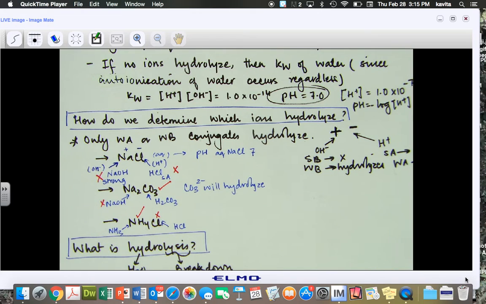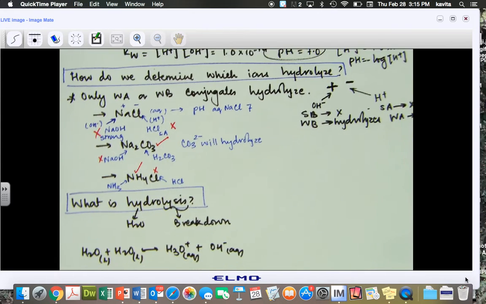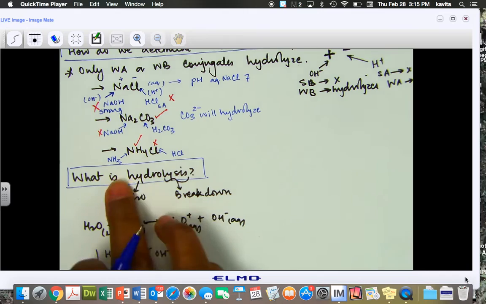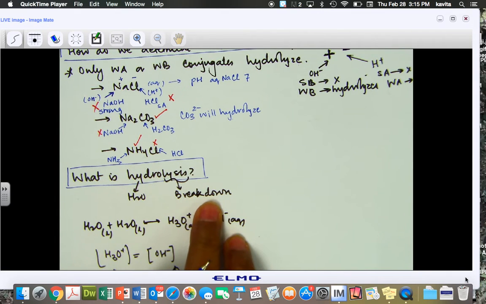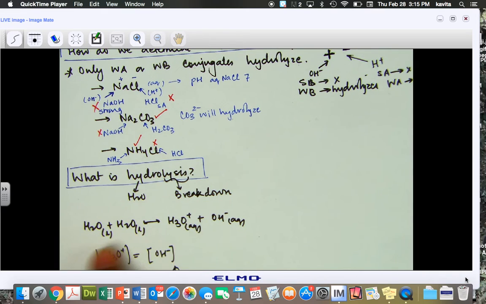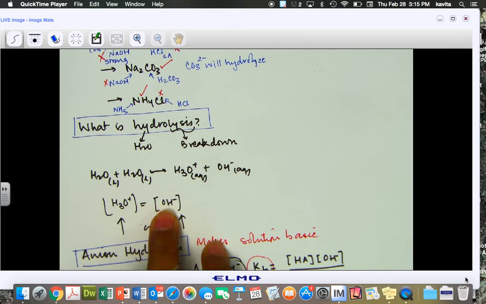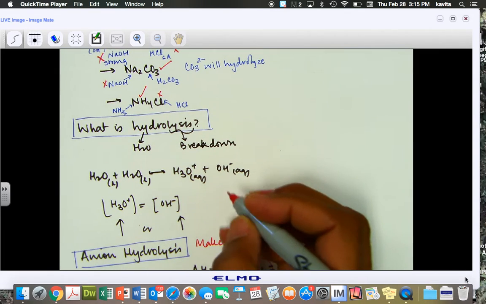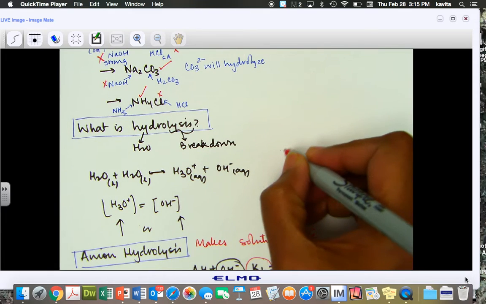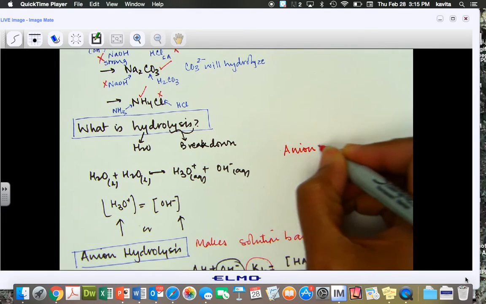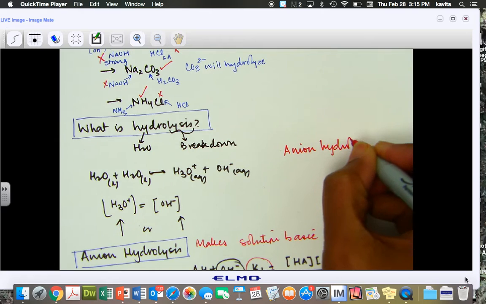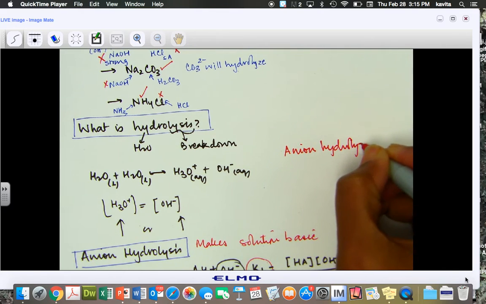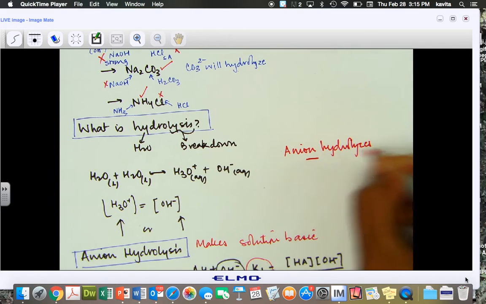Once we determine what hydrolyzes, now we can write equations. Hydrolysis means breakdown of water, where the ions, either cation or anion, react with H+ or OH- to change the balance of H+ and OH-, making it either acidic or basic. And the way I remember is if an anion is hydrolyzing: anion has a negative charge.